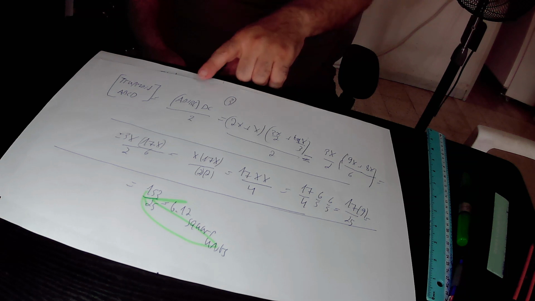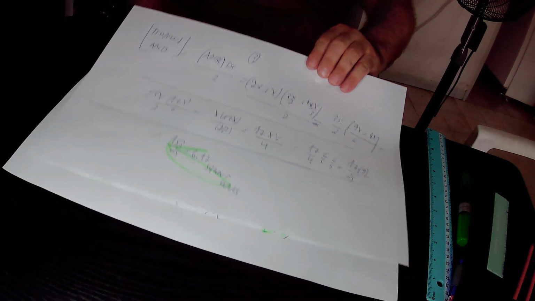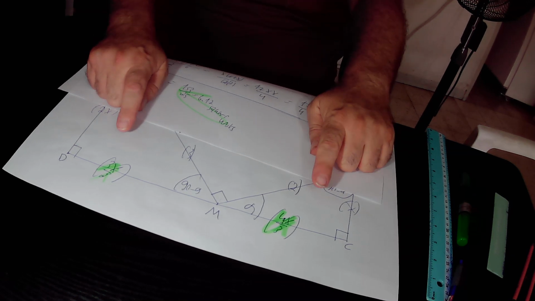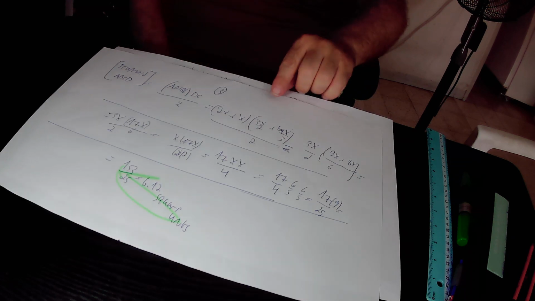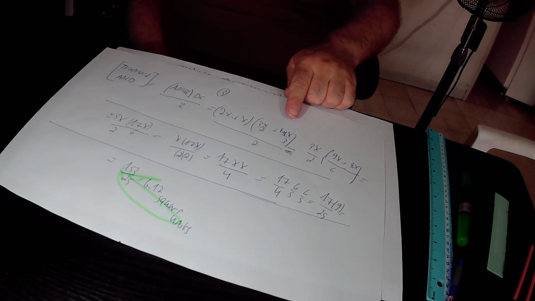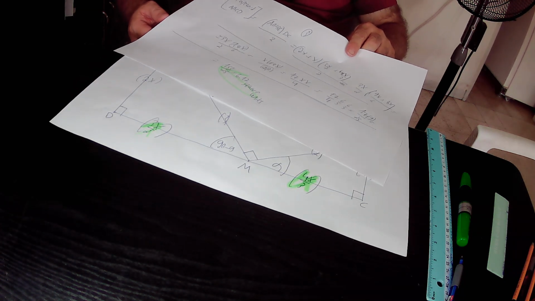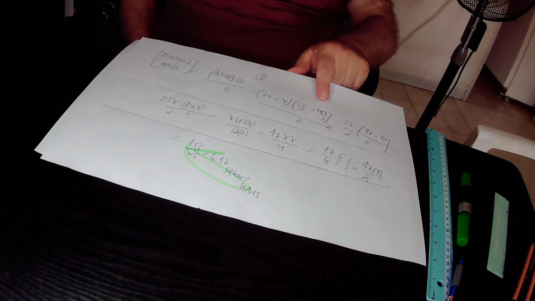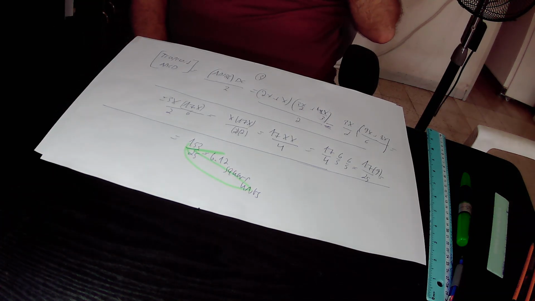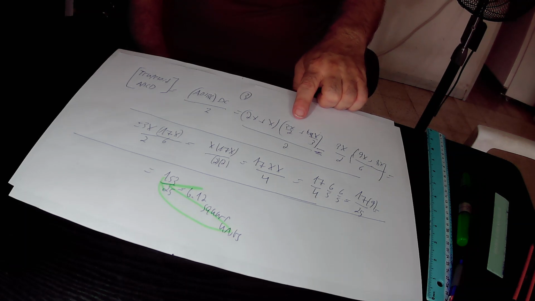AD is 2x, BC is x, and the height DC equals in total 3x over 2 plus 4x over 3. Okay, again, the height DC equals 3x over 2 plus 4x over 3. Here we took 6 as a common denominator for those two expressions.